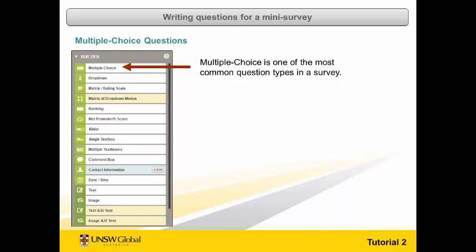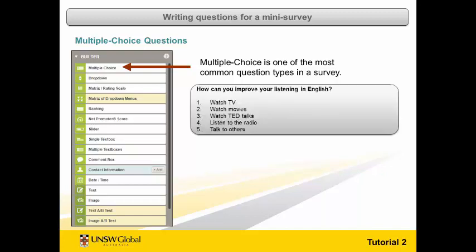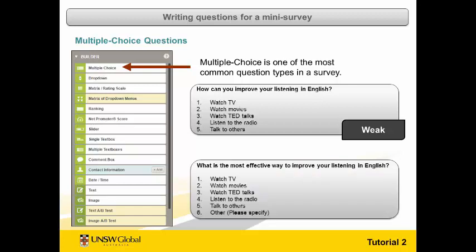So we want to make sure that our questions are strong. Let's have a look at a multiple choice question. This is actually a weak multiple choice example. How can we make this stronger? Well, let's have a look at this one. What makes this a stronger question? Have a look.